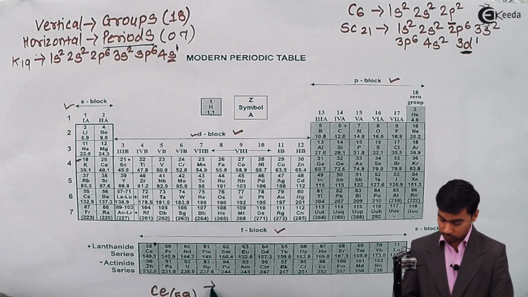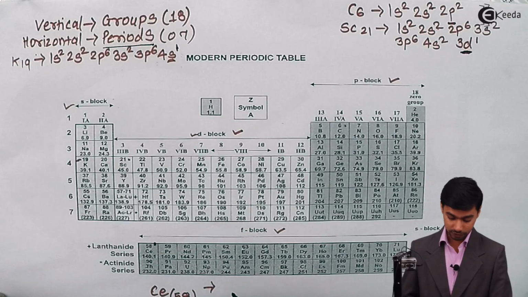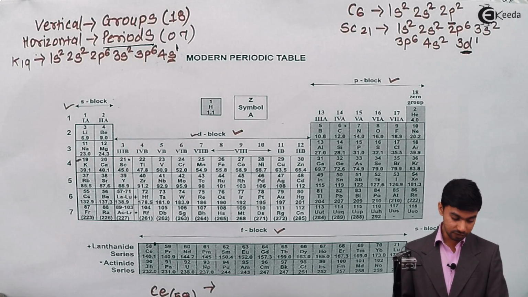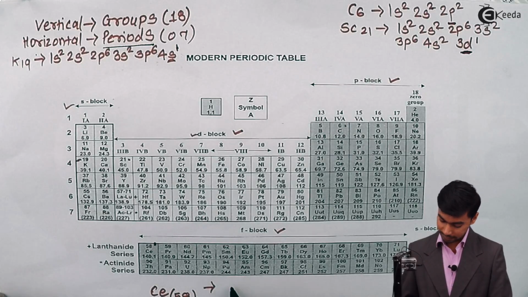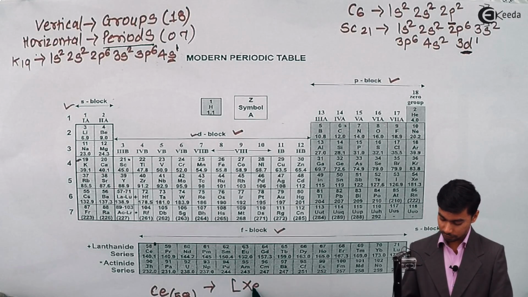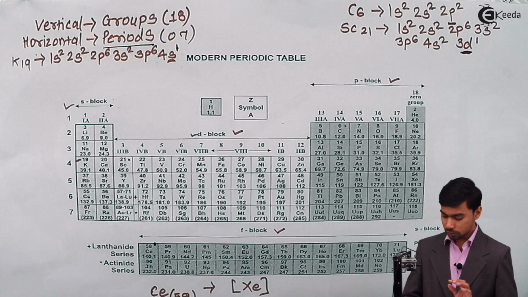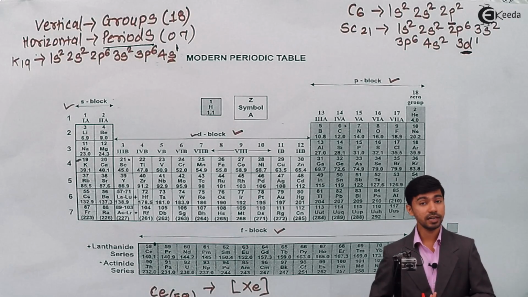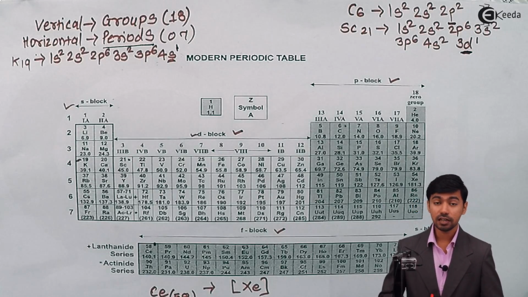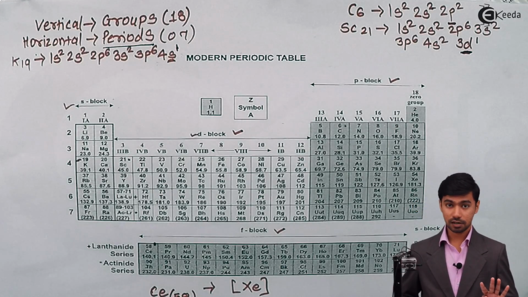So according to the condensed electronic configuration, before 58, which is the inert gas that comes? Yes, it is xenon, 54. So 54 is subtracted from 58. How many are remaining? Only 4 electrons are remaining.